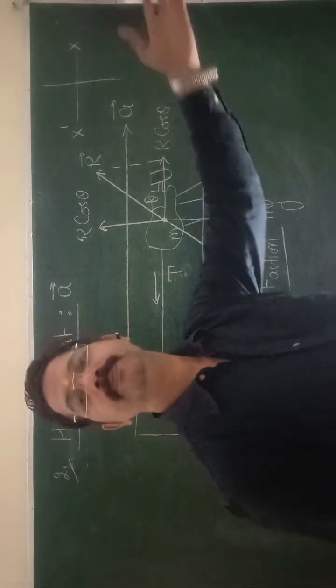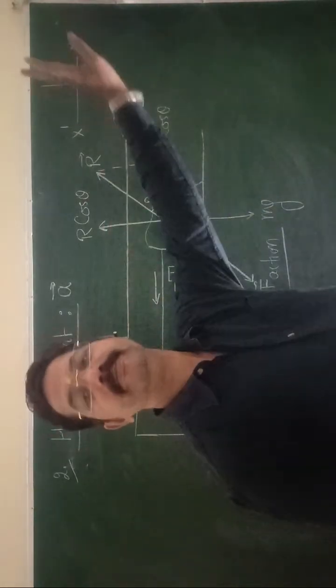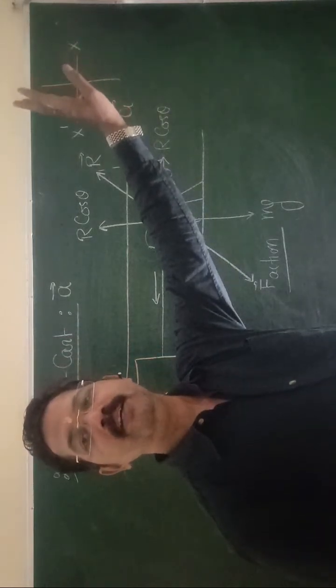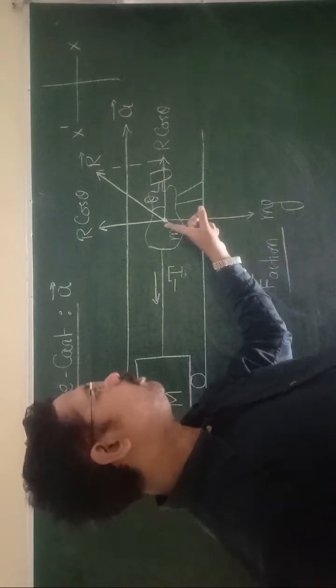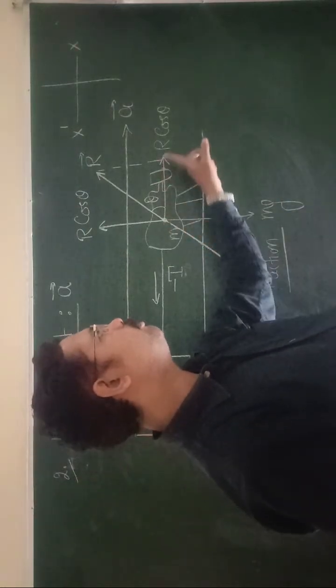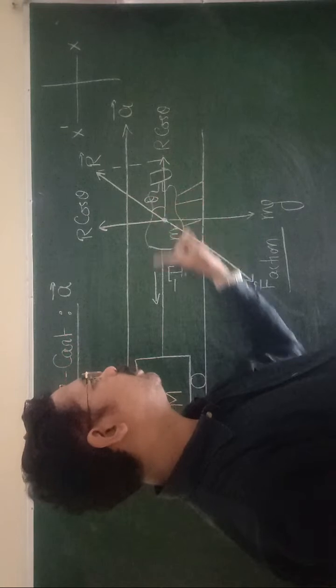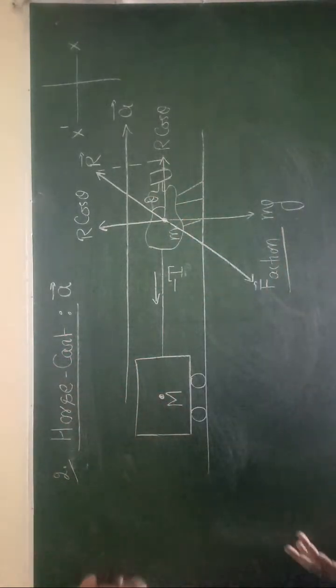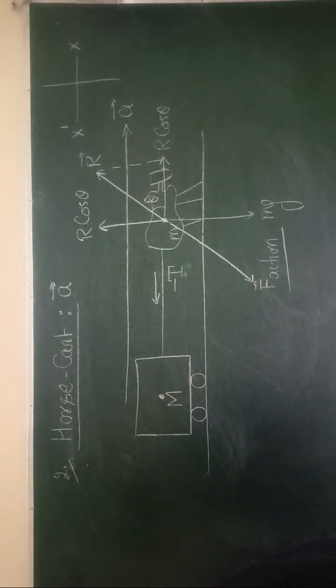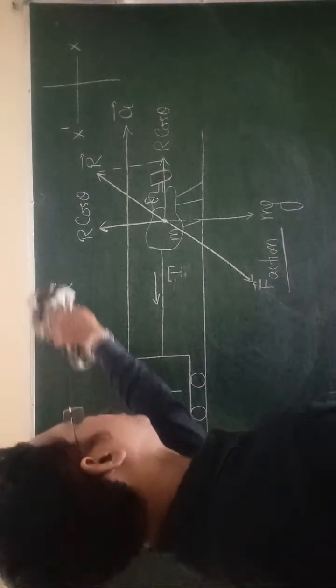So free body diagram. Remove the horse. Remove the one body. On that body, how much force is acting? So force has one force, second force, third force, fourth force, as the free body diagram.